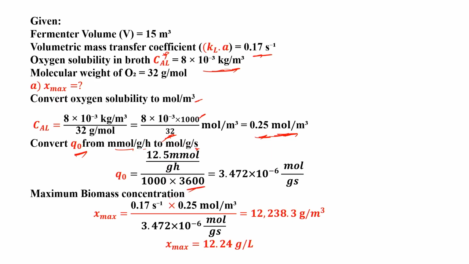We have to convert millimole to mole by dividing by 1000, and hour to second by dividing by 3600. So, it becomes 3.5 into 10 to the power minus 6 mole per gram into second. Then we can put this value here and get the value of X max as about 12 gram per liter. So, we are getting the biomass concentration as 12 gram per liter.